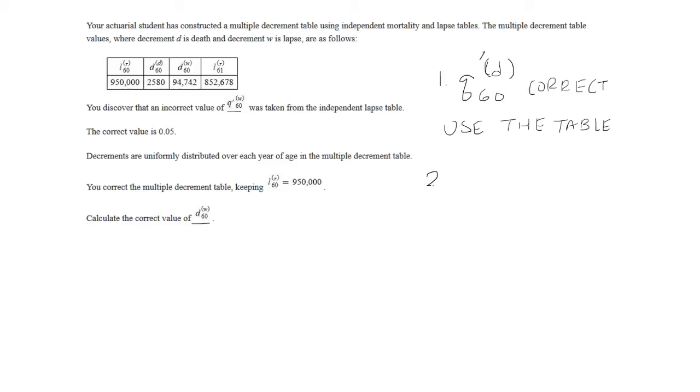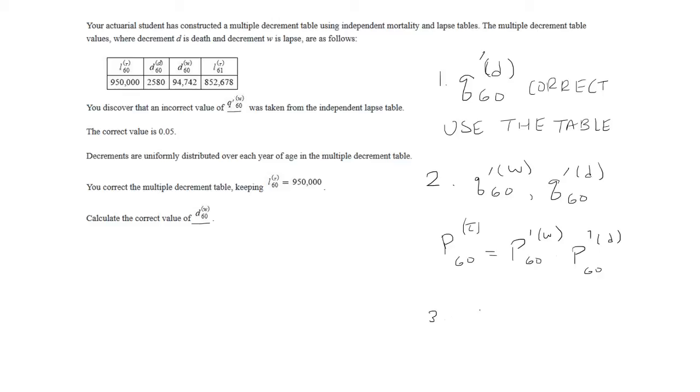Okay, so the second thing we're going to do is, from there, we know Q prime 60 withdrawal. So then we would also know Q prime 60 death. So we can find the total probability of surviving age 60, which would just be P prime 60 and P prime 60 again for both decrements.